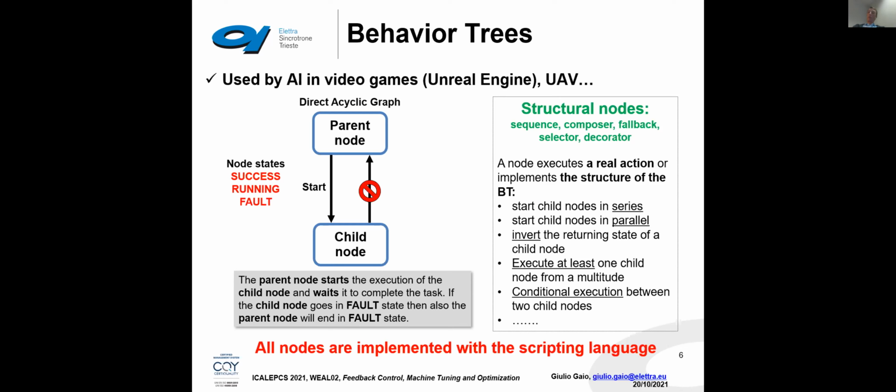There are two types of nodes in a behavior tree: those that perform a real action on the machine, so read-write operations, and nodes that are structural. For example, nodes that start child nodes in series, child nodes in parallel, invert the returning state of a child node, execute at least one child from a multitude, or simply execute one of two child nodes depending on a condition.